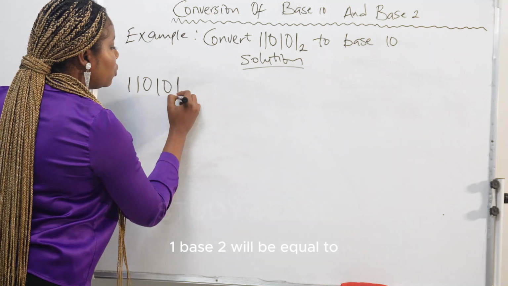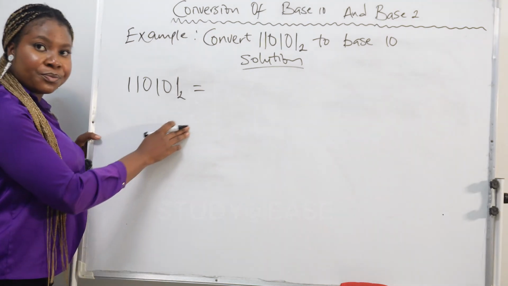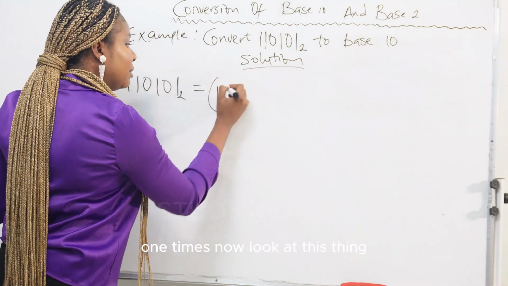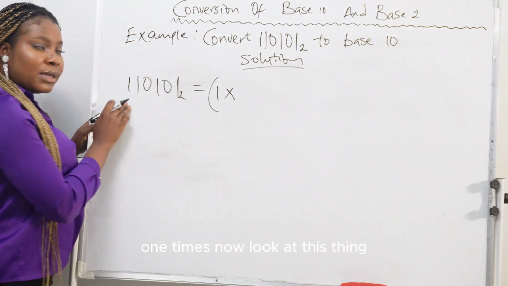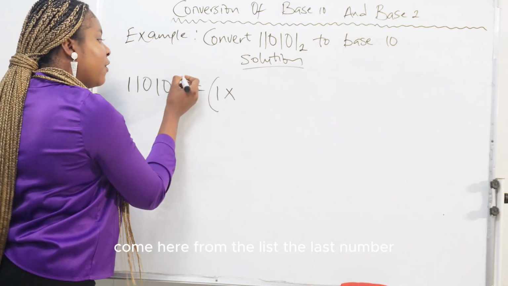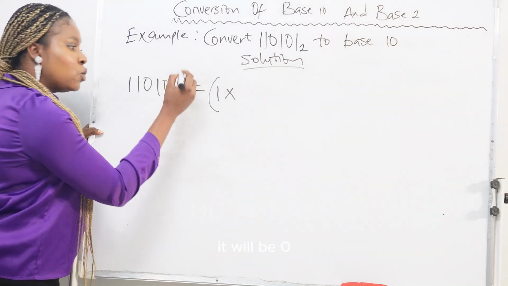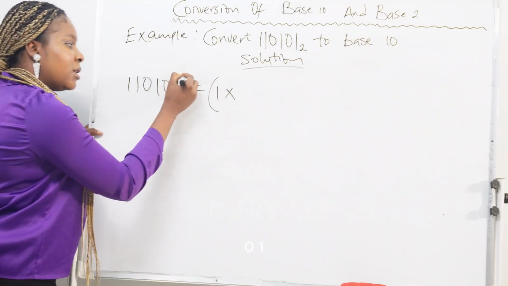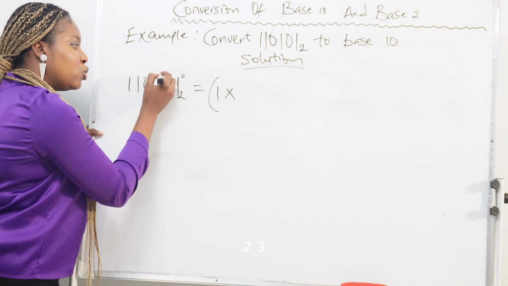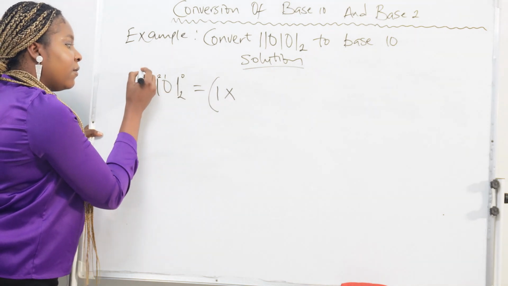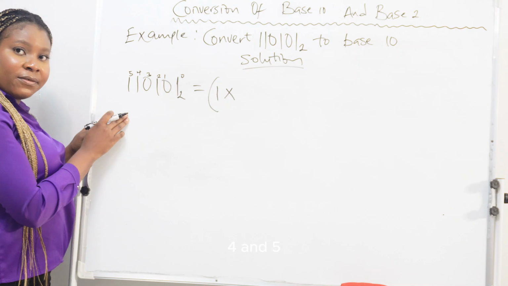110101 base 2 will be equal to 1 times, now look at this. From the last number, it will be 0, 1, 2, 3, 4, and 5.